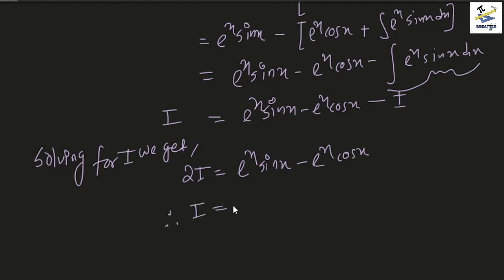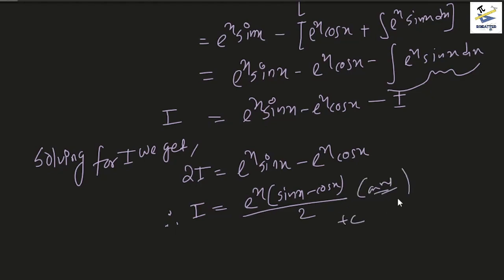Therefore I is equal to e to the power x whole into (sin x minus cos x) by 2, plus C, which is the answer.